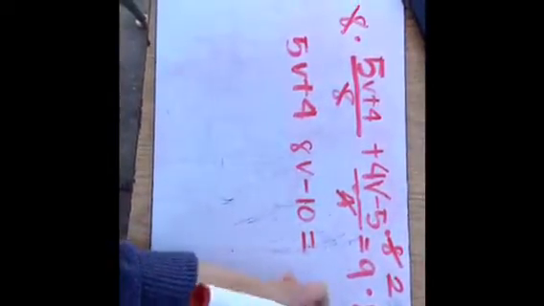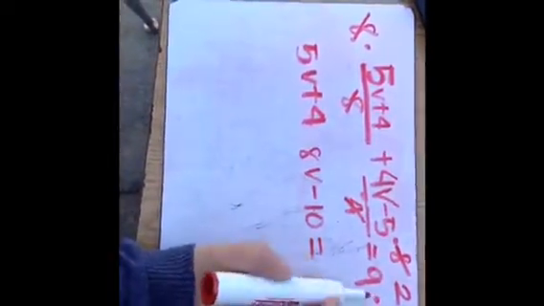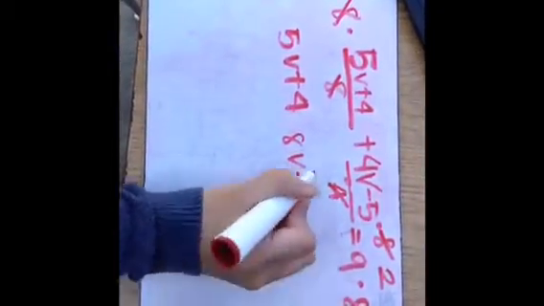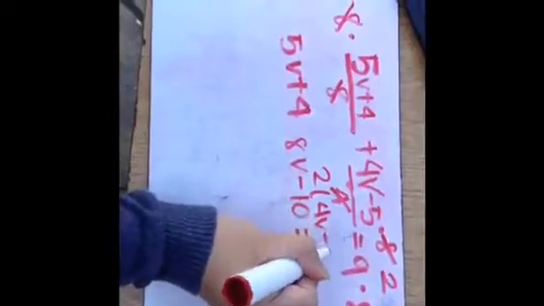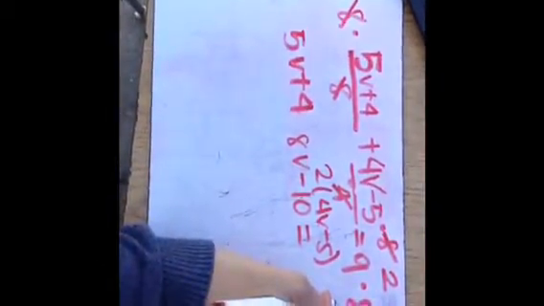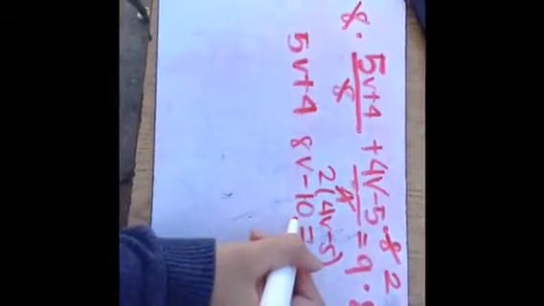The denominator cancels out and you are left with multiplying 2 by 4v minus 5. This again can be simplified to 8v minus 10.